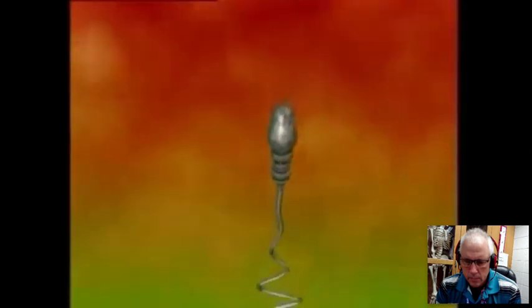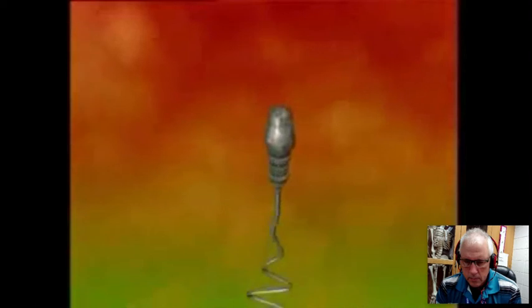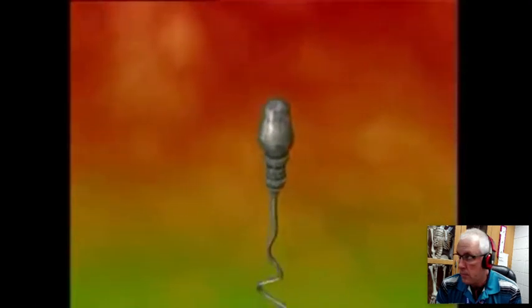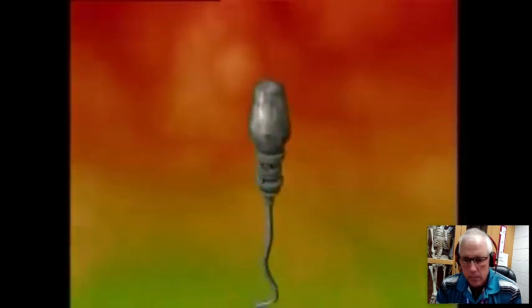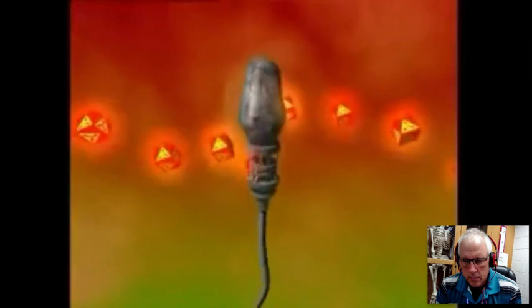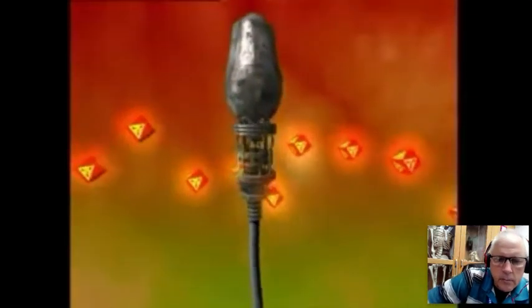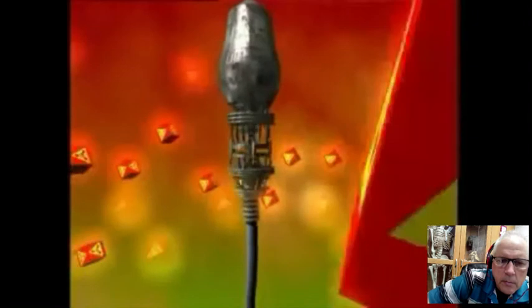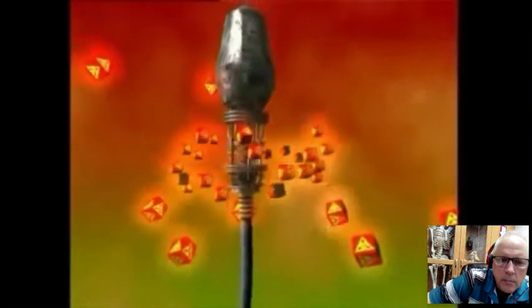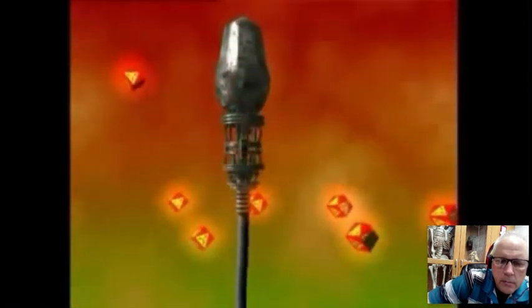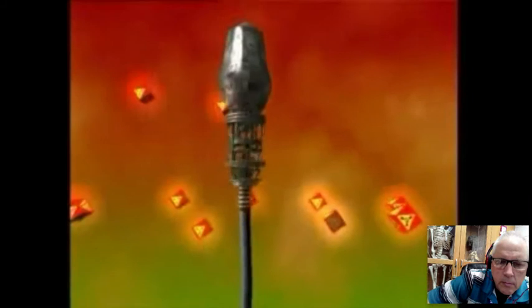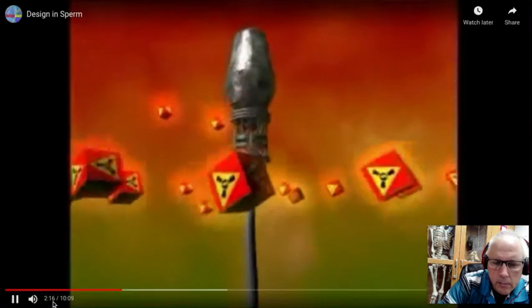Since there is an engine in the middle, it will need fuel to make it work. This need has been thought of, and the most productive fuel for the engine, fructose, has been placed in the liquid surrounding the sperm. In this way, the fuel for the engine is provided throughout the length of the journey it will undertake.